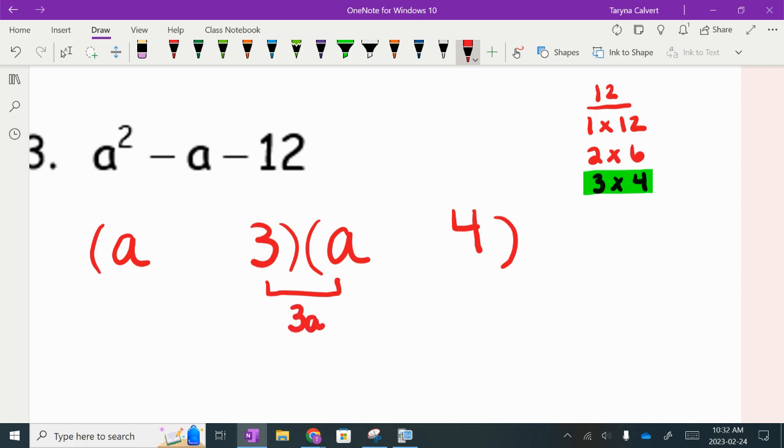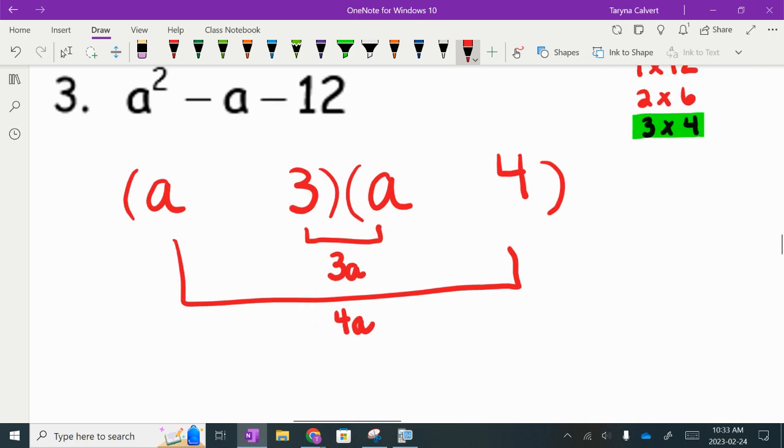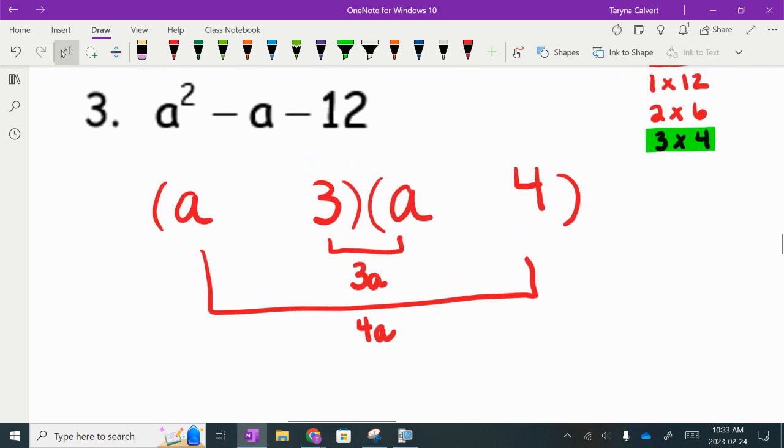I always check my inside first, and then I check my outside. The reason I'm doing this check, guys, is specifically for my signs. Because I need a negative 1a, so I definitely need to subtract them. One has to be positive, one has to be negative. But since I need more negatives than positives, the larger number has to be negative, and the smaller number has to be positive.